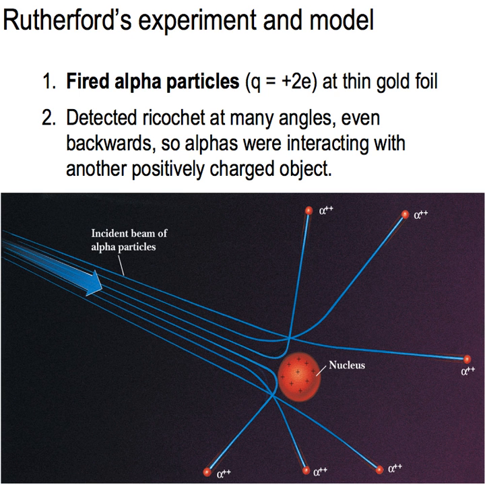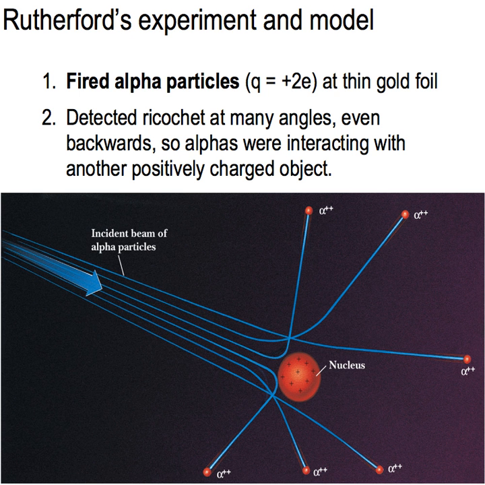So they ricocheted off to all different kinds of angles, even backwards. So they knew that the alpha particle was interacting with something positive. When you get backwards scattering like that, definitely you have got a positive object that you're interacting with. And that was different from what they thought about the atom at the time.